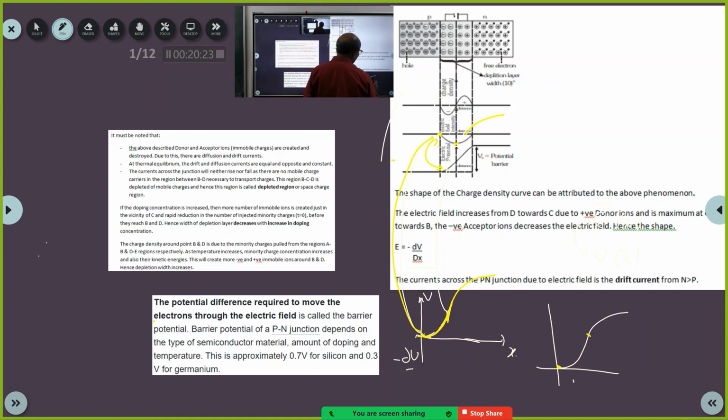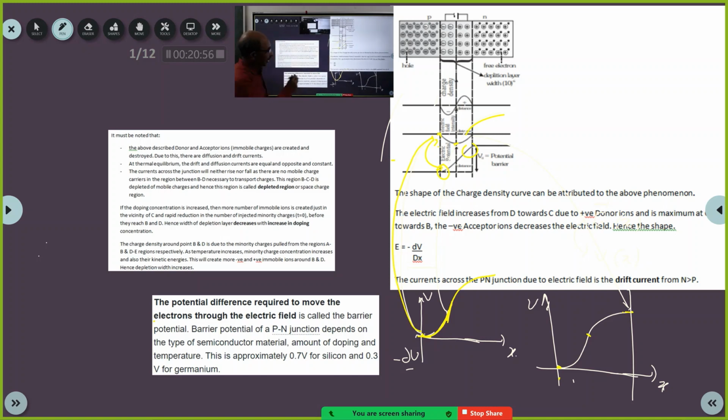Then the slope here once again starts becoming lesser and lesser. Here it is almost flat, so you will get electric field intensity 0. It is not a straight line, it is something like this, the voltage versus x. You are seeing it as a straight line, but actually at these points you are getting it like this. Got it?